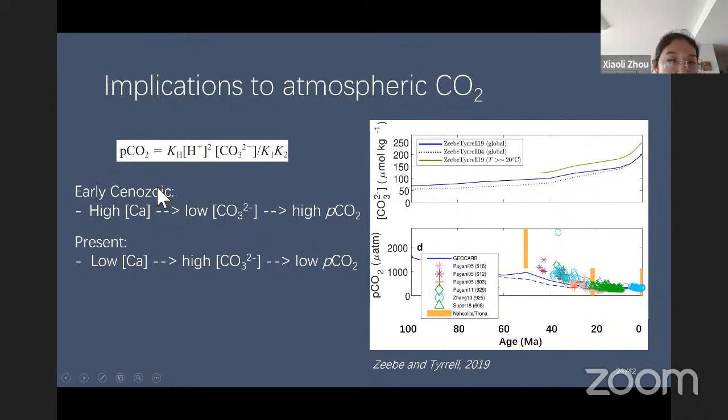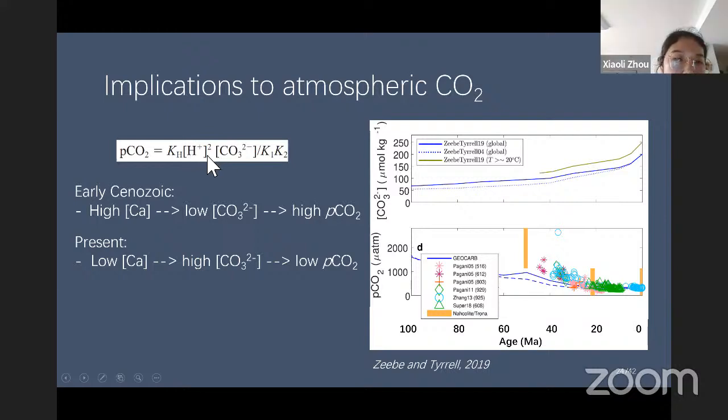For example, in the early Cenozoic, when we have high calcium concentration, if everything else is the same, then we should have lower carbonate ion concentration and lower pH, and higher hydrogen ion concentration.